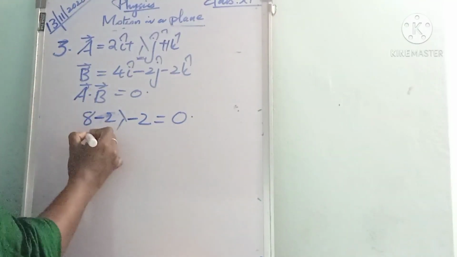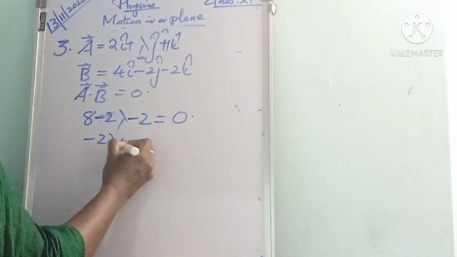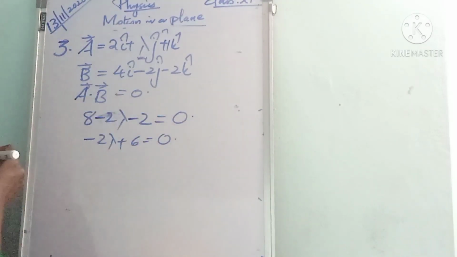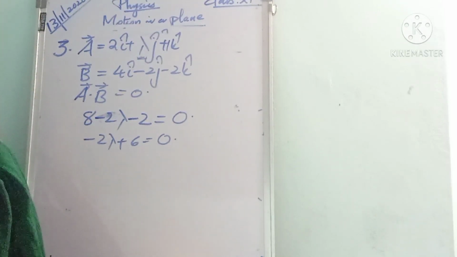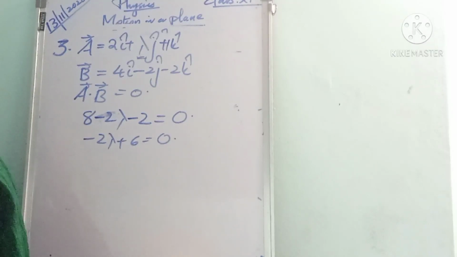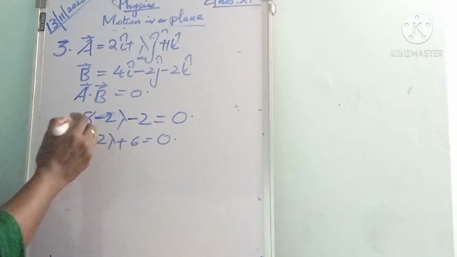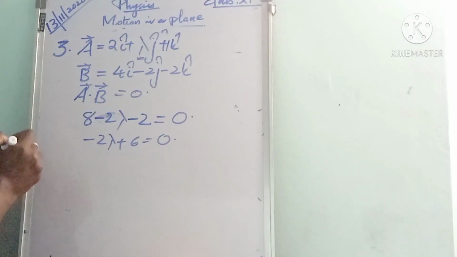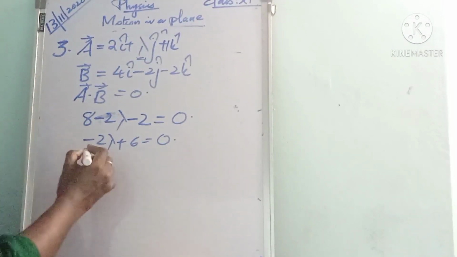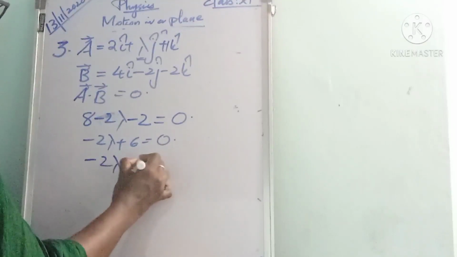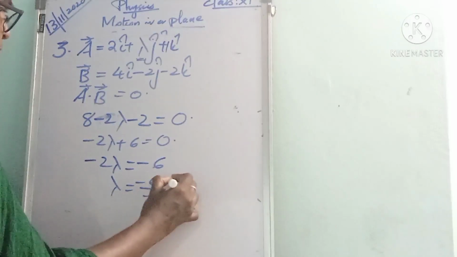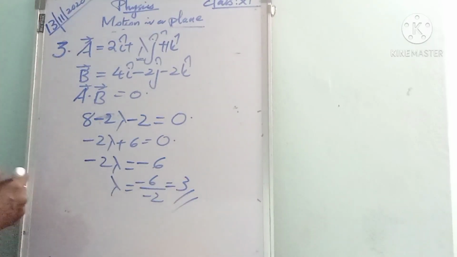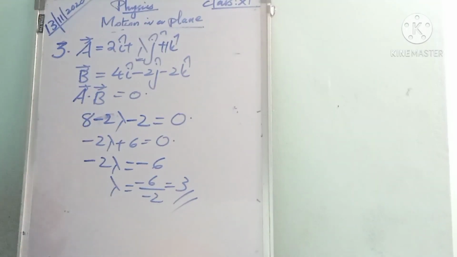So minus 2 lambda plus 6 equal to 0, or minus 2 lambda is equal to minus 6, or lambda equal to minus 6 divided by minus 2. It is actually 3. So we got the value of lambda as 3.